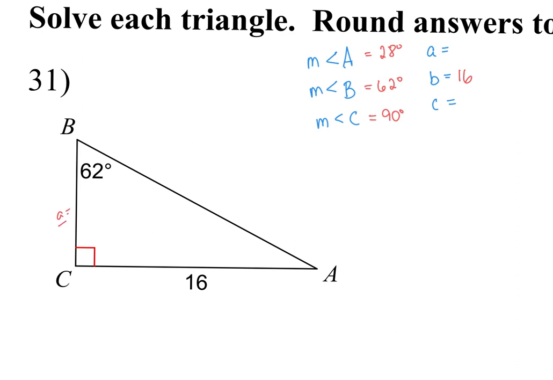And I look and see, well, if I have the 62-degree angle, then I have the opposite side here, and I'm solving for the adjacent side. Which trig function deals with opposite and adjacent? My tangent. So the tangent of 62 degrees should equal my opposite over my adjacent.